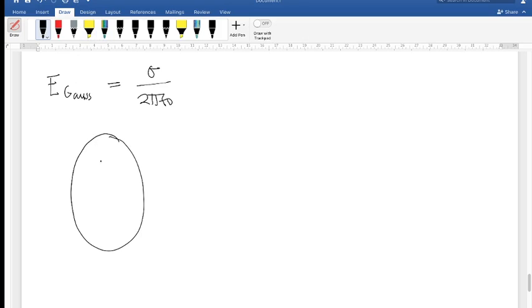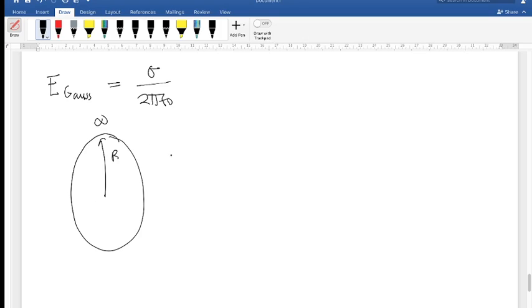Now if we extend the disk to infinity, we cannot distinguish whether this is a rectangular or circular disk, because it is very large. It extends to infinity.